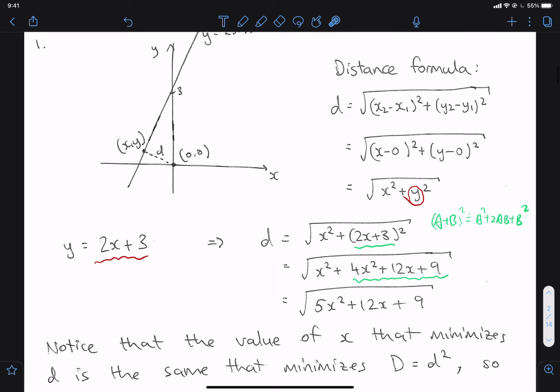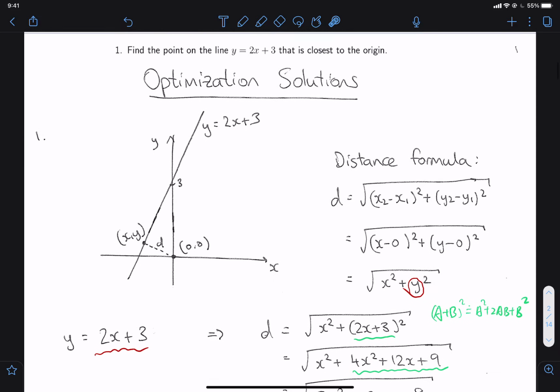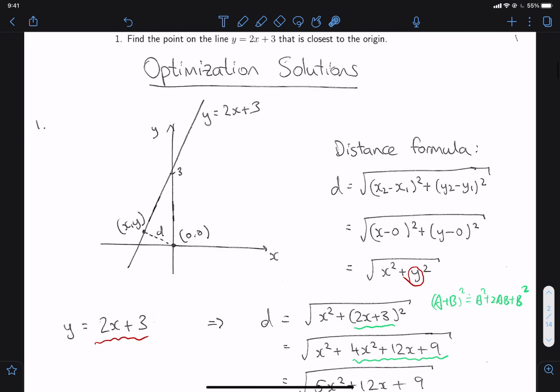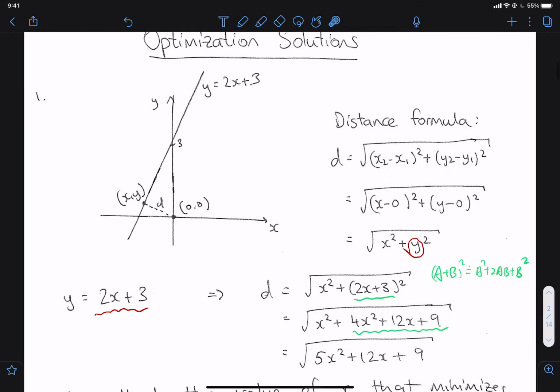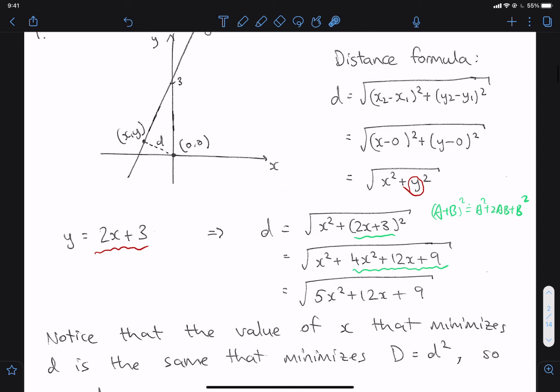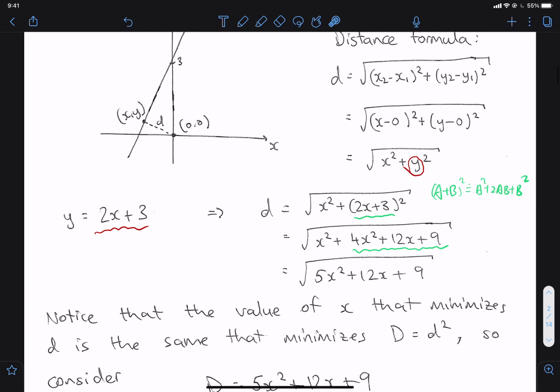Okay, and remember our goal is to minimize this, so we want the distance d to be as small as possible, right? But we have a square root here, so what do we do? Notice that the value of x that minimizes d is the same that minimizes d squared.